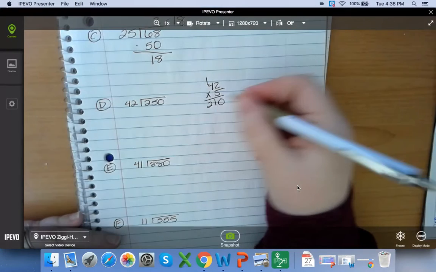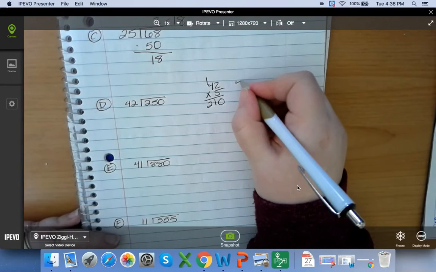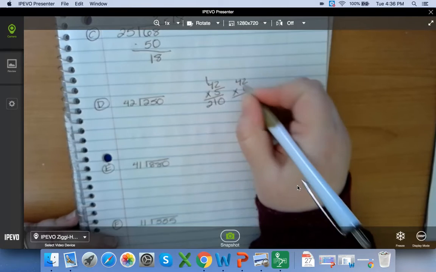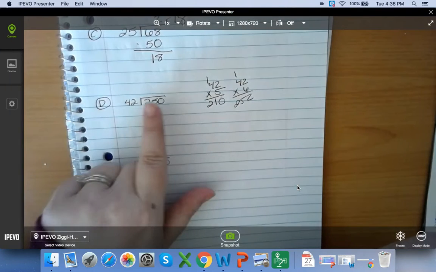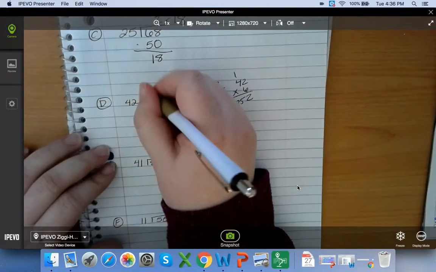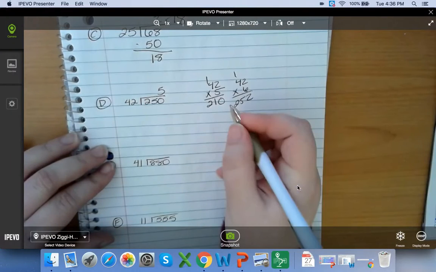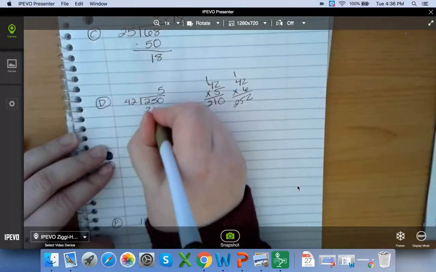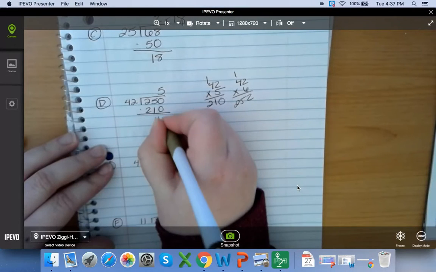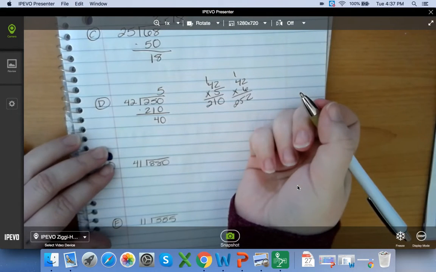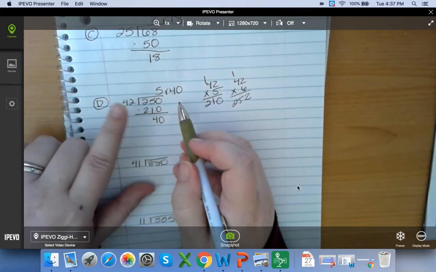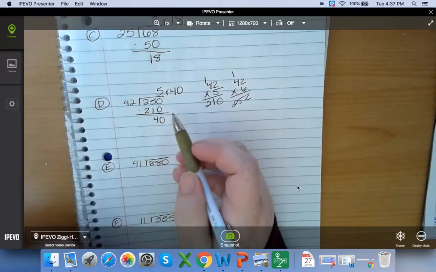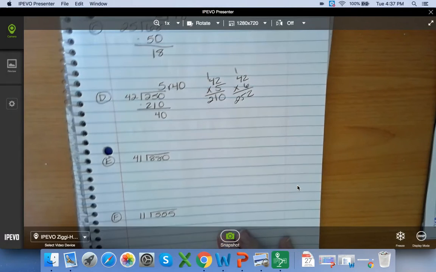Could I go higher? Sure. Let's check if I go higher, see what that looks like. 252. Oh, it's just over, so I know I have to work with that 5 now. So 42 times 5 is 210. When I subtract, I get 40. So for that one, my remainder is 40, and that's okay as long as it's not over 42. So that's one of those really close questions too.